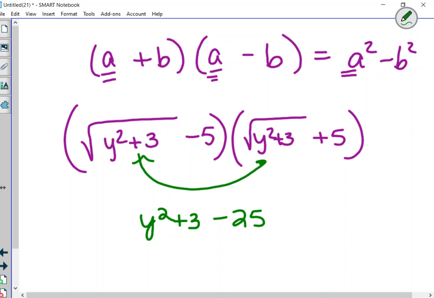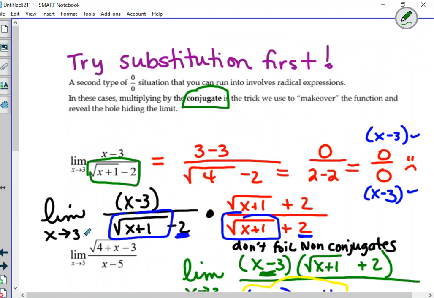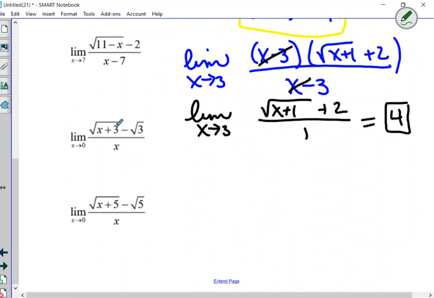All right, so here's what I want you to do. If you haven't done it yet, try the last two. They've got a little extra fun in there because of the root expression, but conceptually still the same thing.